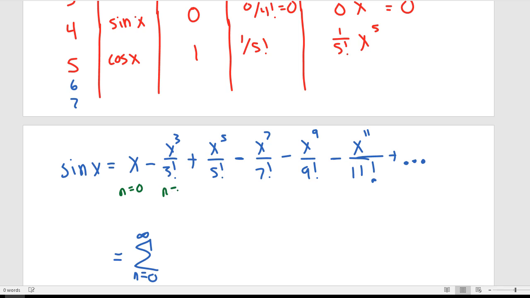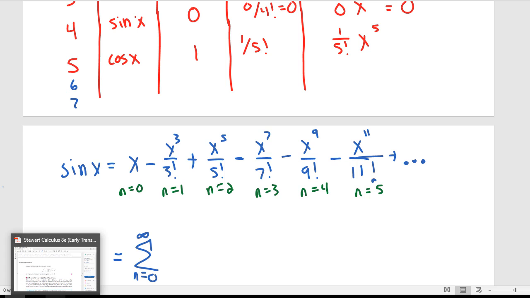I'm going to readjust my index just so I can match the convention that the n value in our series increases one at a time. So there's my n equals 0 term, n equals 1, n equals 2, n equals 3, n equals 4. Notice that we have odd exponents only, and we have that same exponent in the denominator.